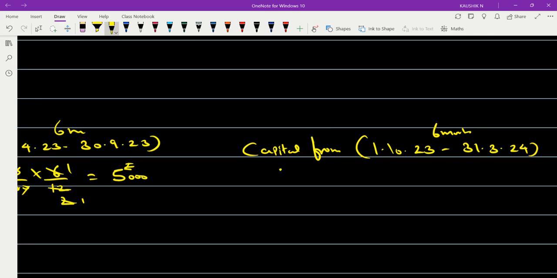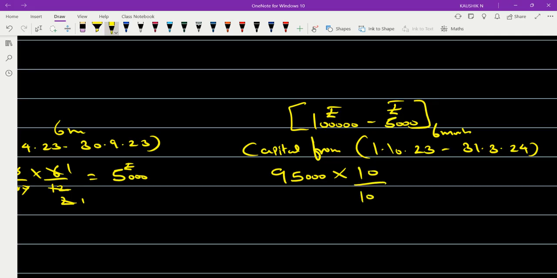That means it will be 95,000, because from 1 lakh you have taken away 5,000 rupees drawings. So leftover capital will be 95,000. 95,000 into 10 percent into the same 6 months.